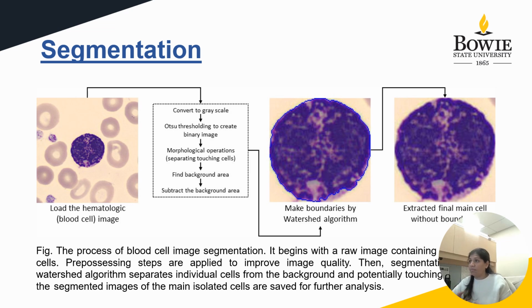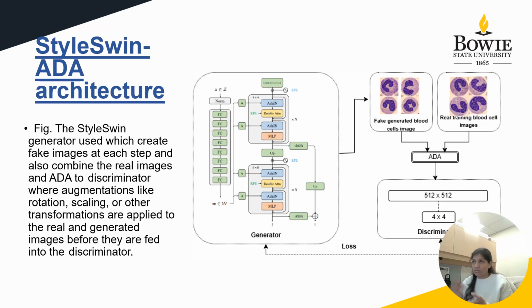Then the segmentation watershed algorithm separates the individual cells from the background, potentially not touching each other, and the segmented images of the isolated cells are saved for further analysis. After extracting the cells, this is the method diagram.